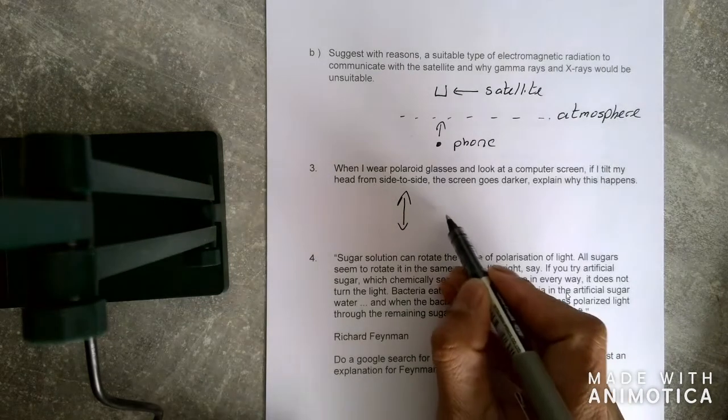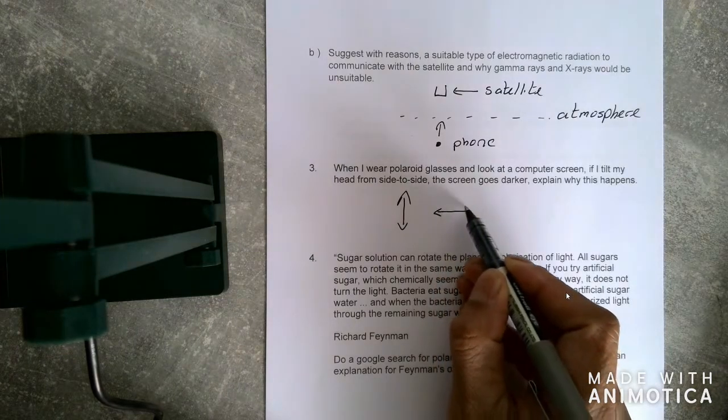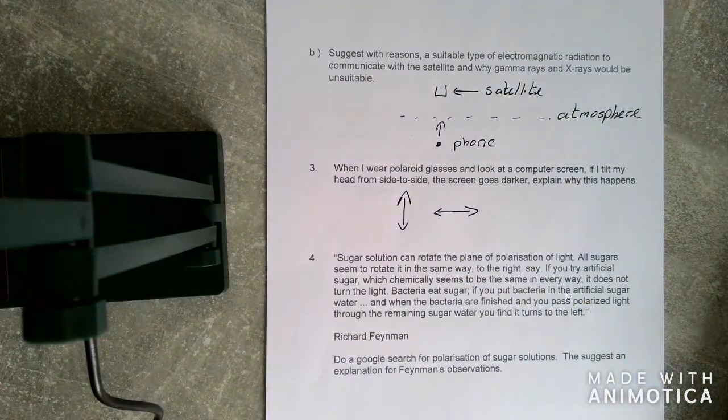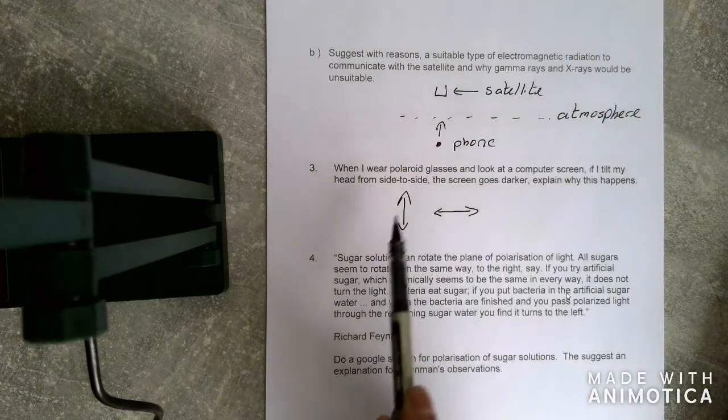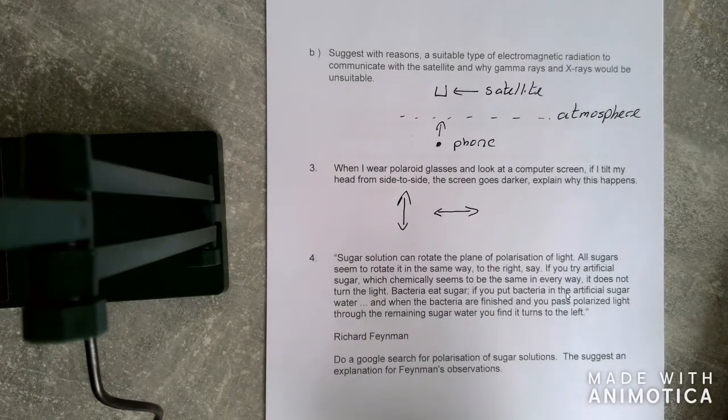If we held our polarizing lens so that it only allowed light through that was vibrating in the horizontal plane, then what do you think you would see there? I'm just giving you a clue as to what you might put for that particular question.